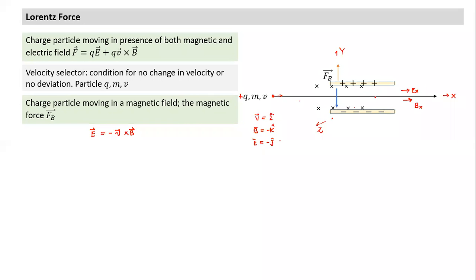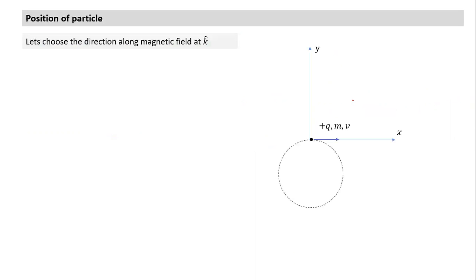So there could be some questions on a combination of such fields such that it remains undeviated. For undeviated, what is the condition? Velocity may accelerate or it may decelerate, but there's no deviation. In that case, only the perpendicular component of forces has to be zero. Okay.